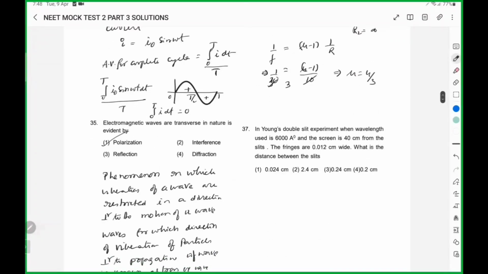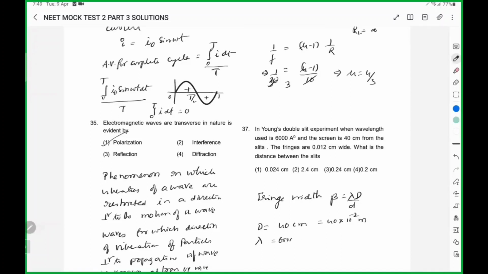In Young's double slit experiment, he is asking what is the distance between the slits. Fringe width beta is lambda D by d. So here capital D is 40 centimeters, 40 into 10 power minus 2 meters.